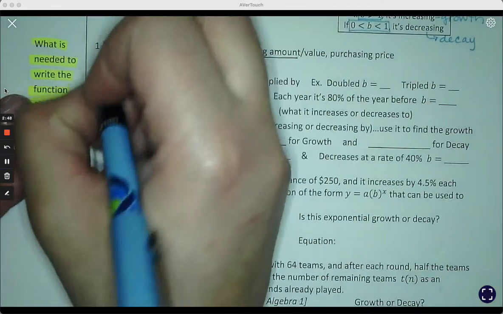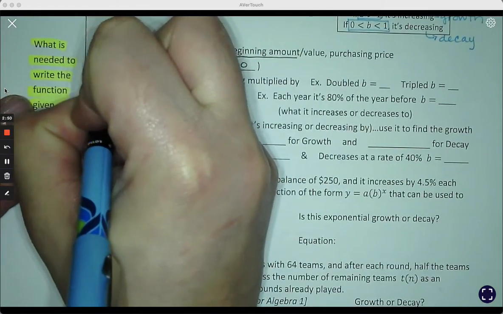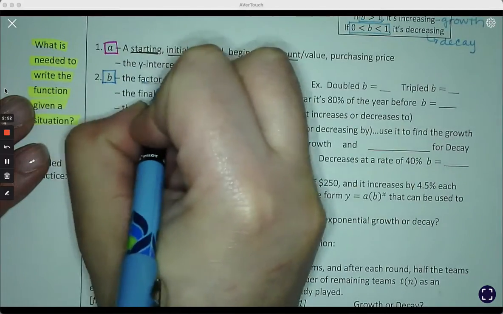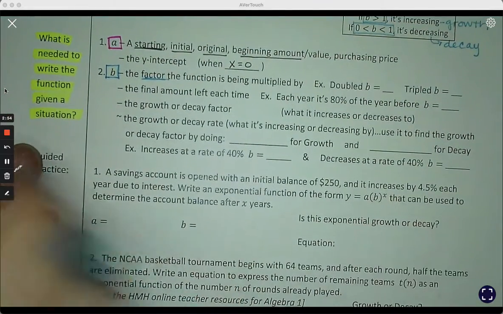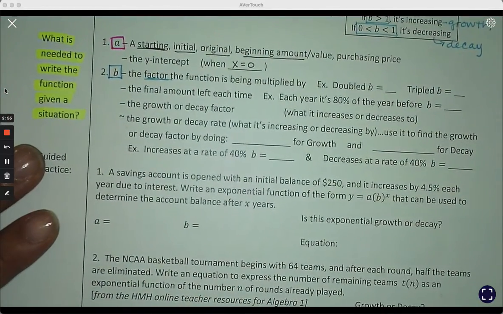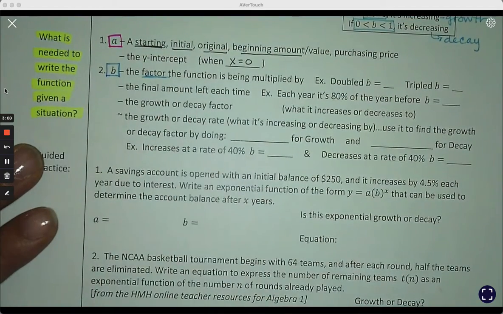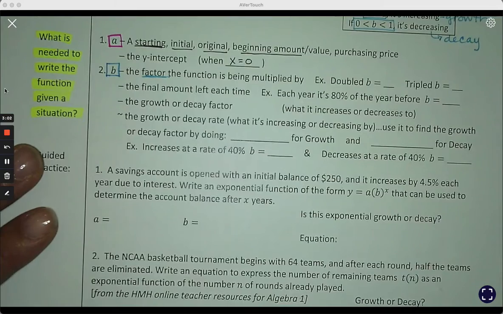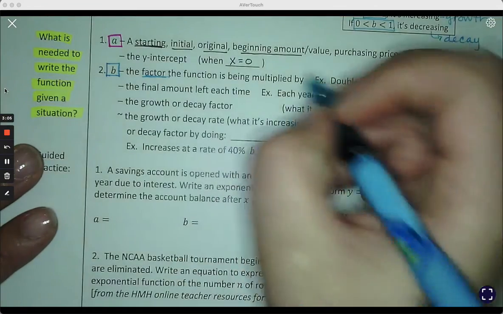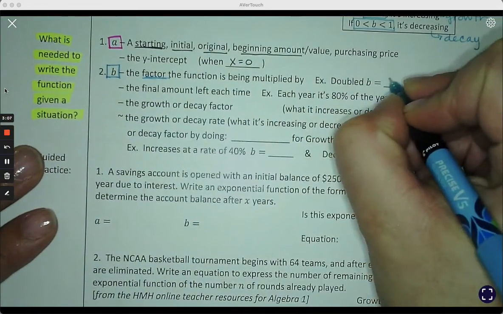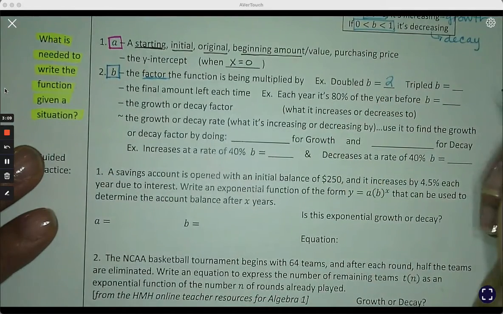The second thing is b. The factor the function is being multiplied by. It's also known as the final amount left each time. So we know that if it's doubled, b is going to equal 2. If it's tripled, b is 3.